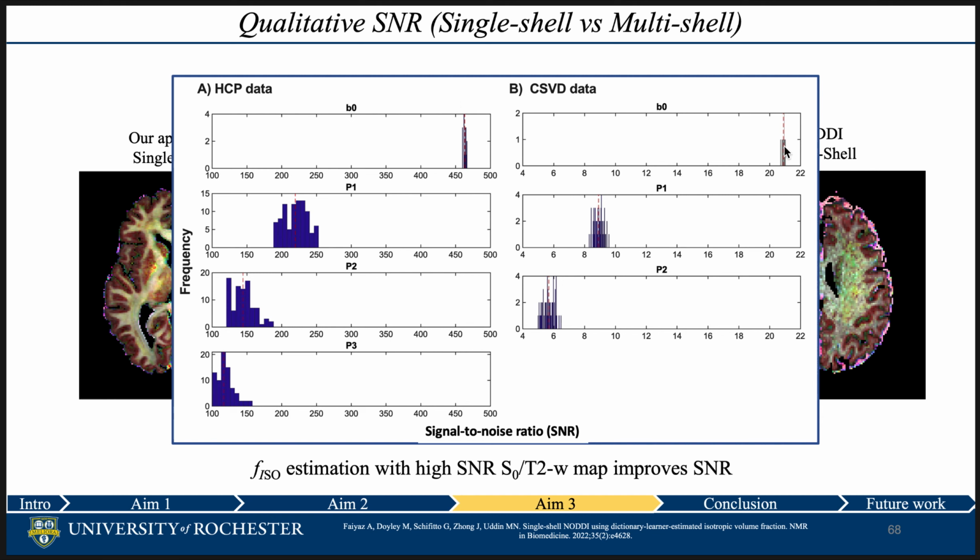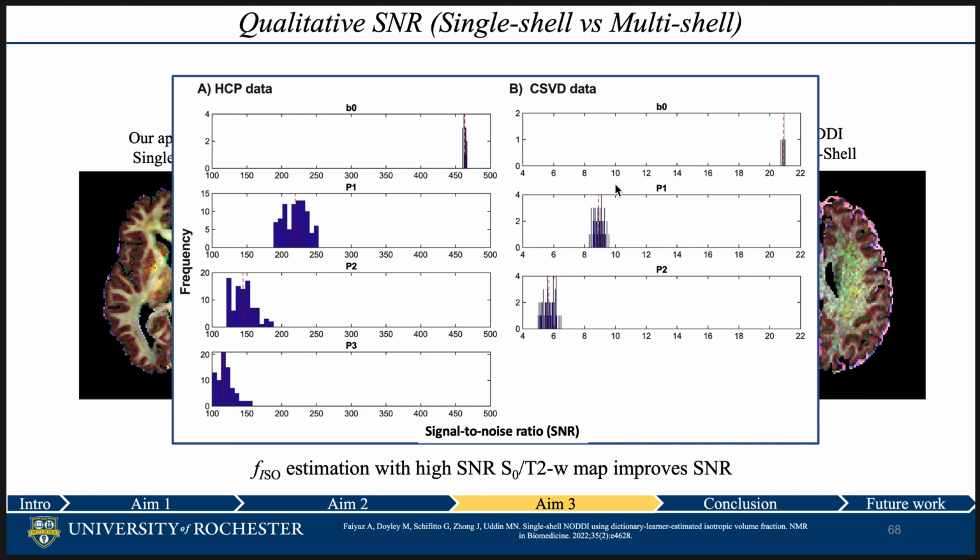For any diffusion protocol, we will have these S0 images that include high SNR data priors, and so we can use them with our high gradient values data. As we increase the B value in the protocols, the SNR decreases.